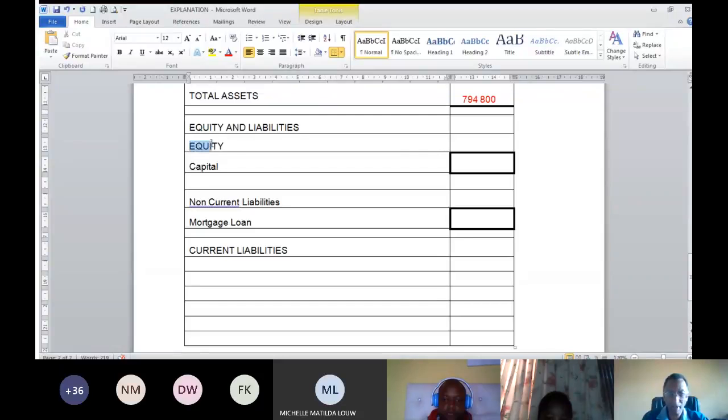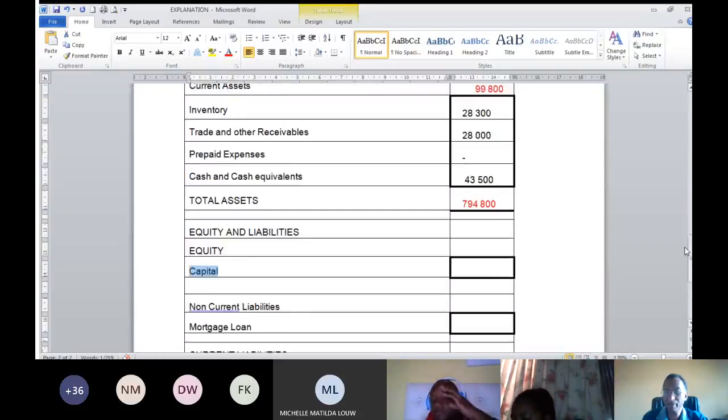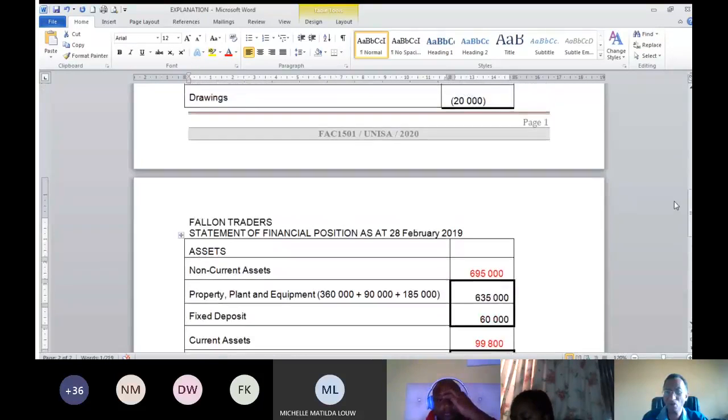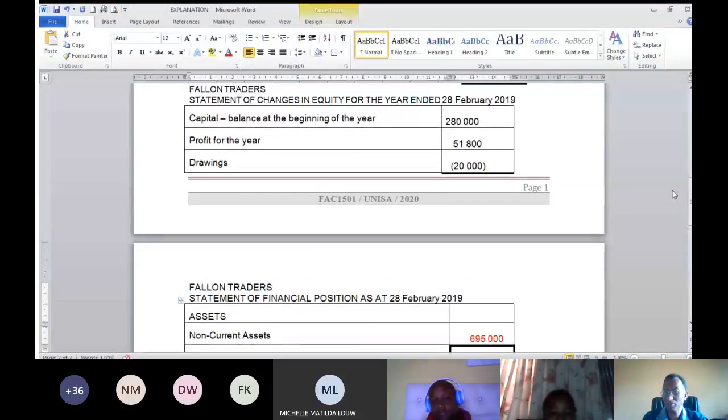We will first speak about our equity. Equity consists of capital. The capital amount, remember, we calculated that already in our statement of changes in equity. I just want to make sure I get that item down so that I don't make another mistake.